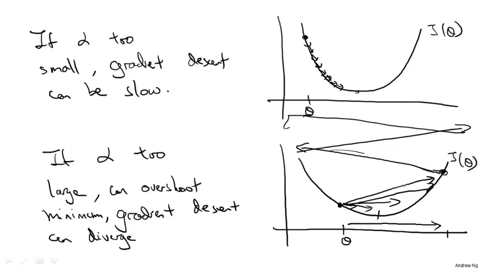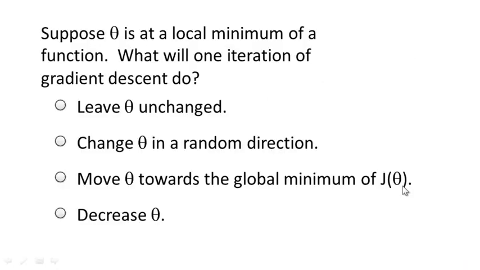Okay, so hopefully that gives some intuition about what gradient descent does. Let me now ask you a quiz question: suppose theta is at a local minimum of a function. So let me draw a function. Let's say I have a function that may have multiple local optima.